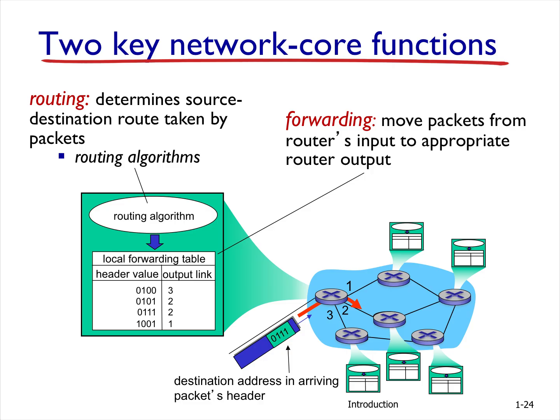So it will cause the packet eventually to go through a particular route until it reaches its destination. That operation of deciding how to fill the table, and then performing the switching, or what we call the one-step forwarding, this whole thing is called routing, okay?